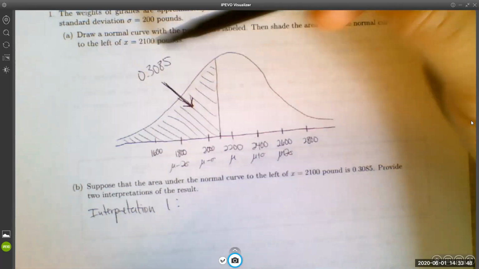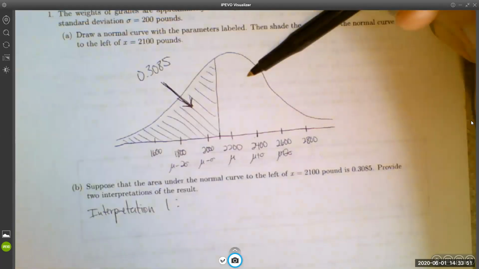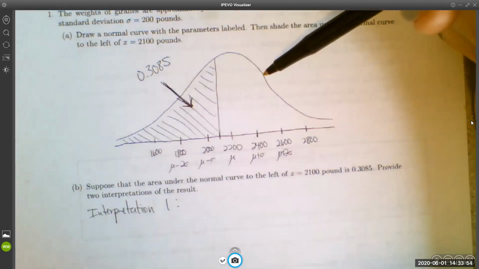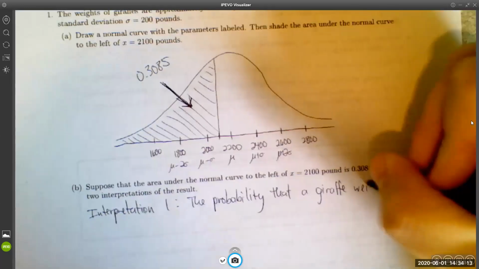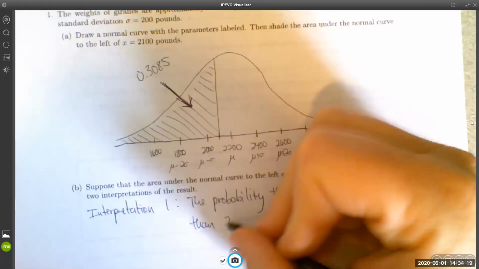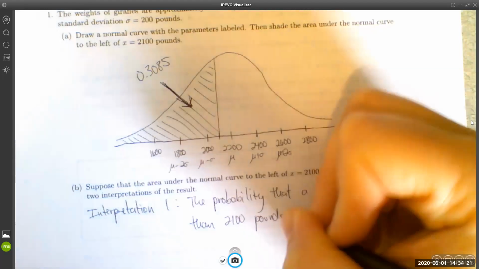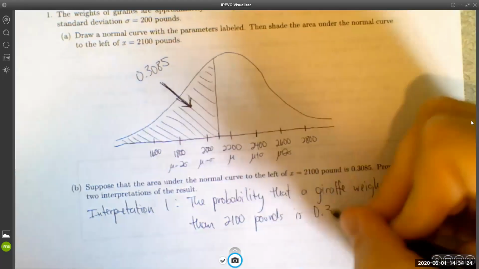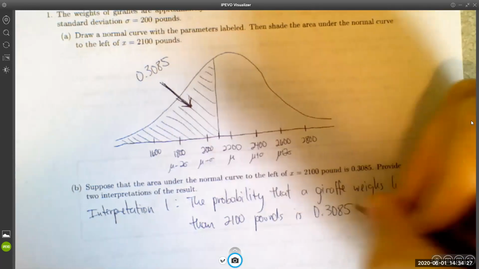Or another way to say the same thing is to say there's a 30.85% chance that if you randomly select a giraffe, it will weigh less than 2,100 pounds. Okay, so there's one interpretation.